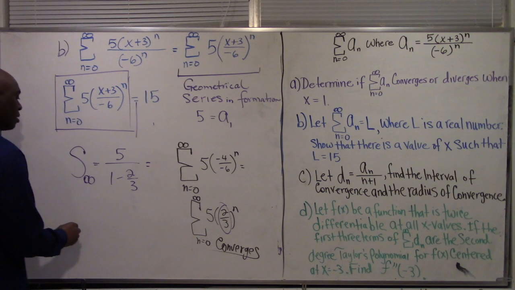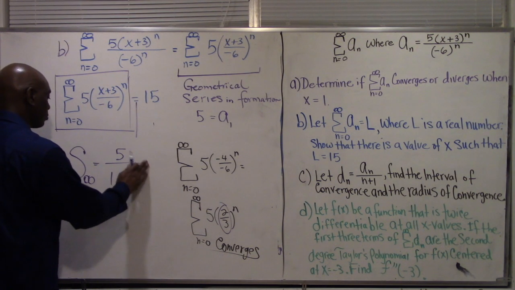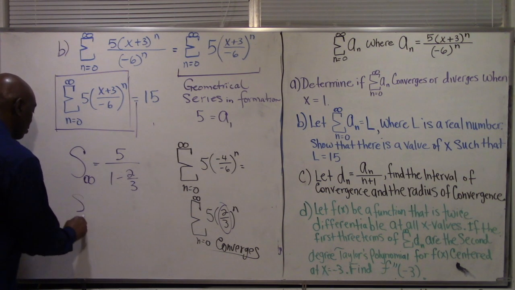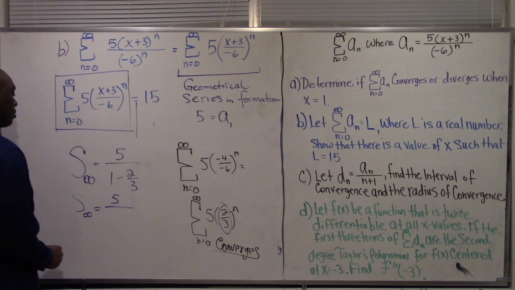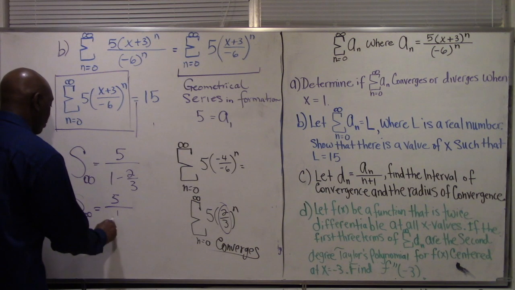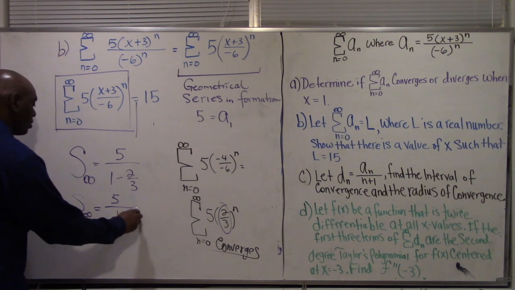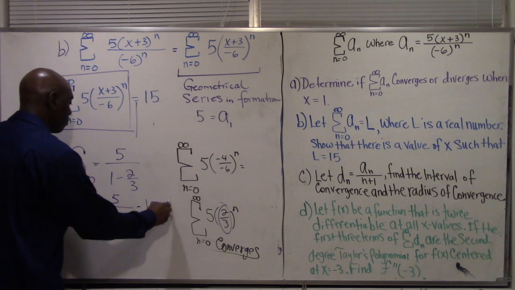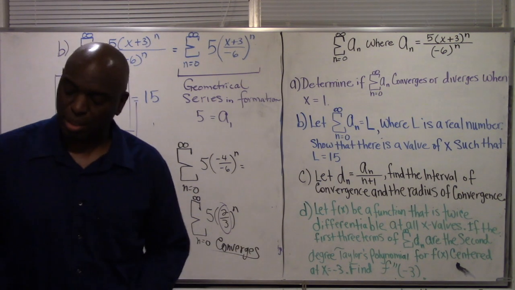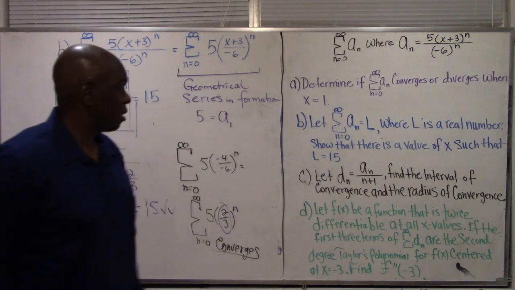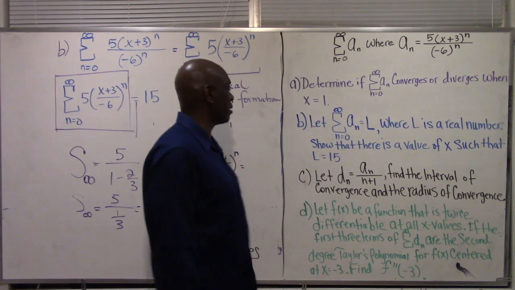That gives me the sum of this infinite series is 5 over 1/3, which equals 15. Bingo. Alright, we got it. Didn't ask for all of that, but then there you go. You can still check it and see what you got going on here. Alright, so A is done, B is done.